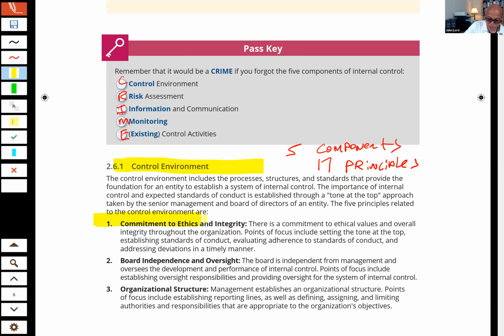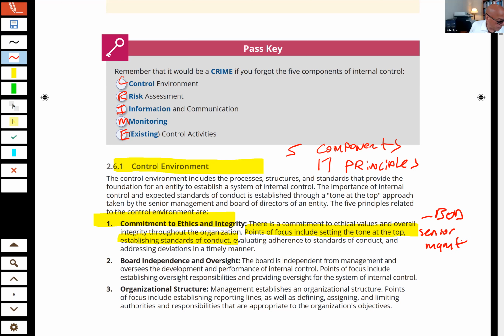It is a commitment to ethics and integrity, including setting the tone at the top and establishing standards of conduct. This is coming at the highest level of the organization: the board of directors, BOD, and senior management, setting that tone.